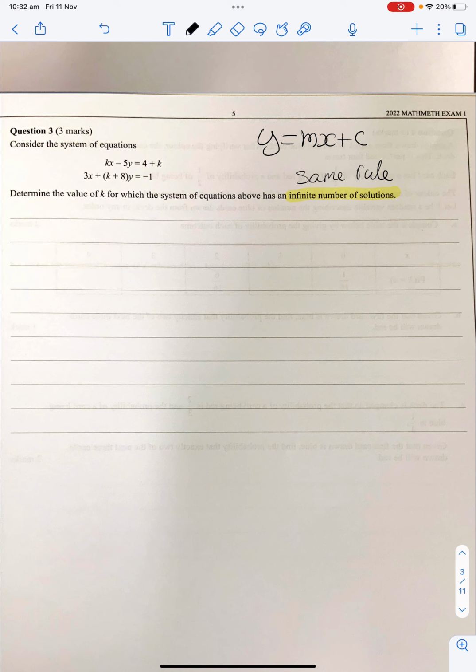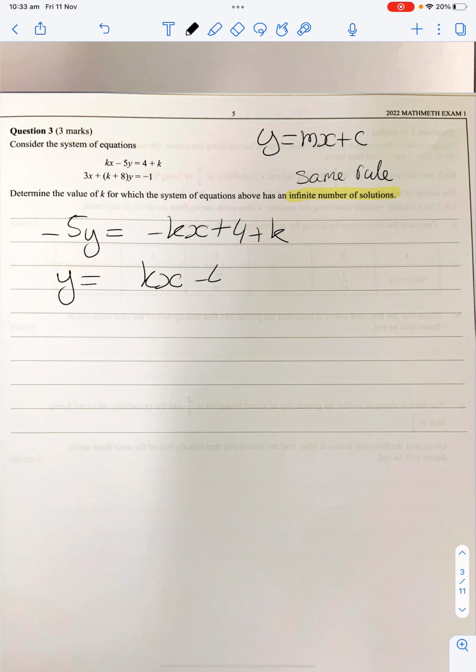So the first one, I'll move the kx over, so negative 5y equals negative kx plus 4 plus k. Then I'll divide by negative 5, so y equals kx minus 4 minus k, all divided by 5.